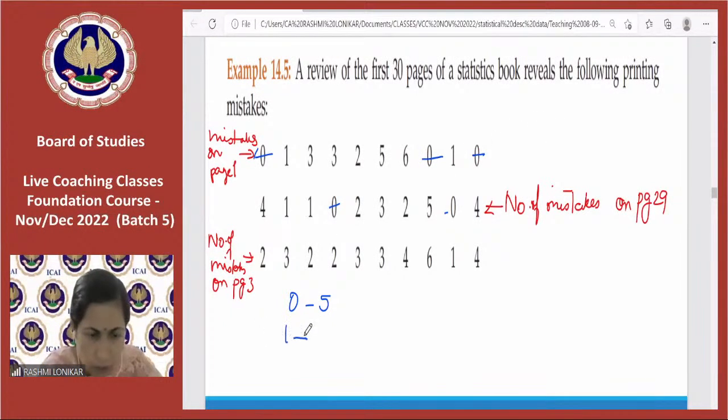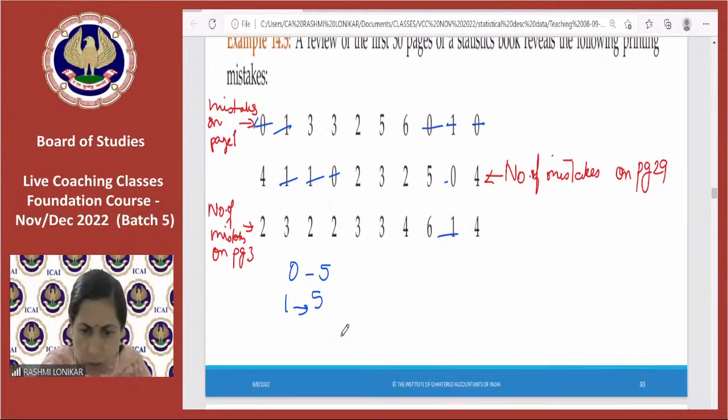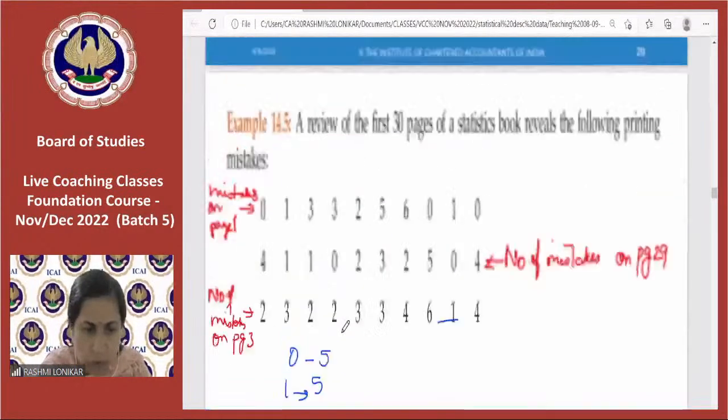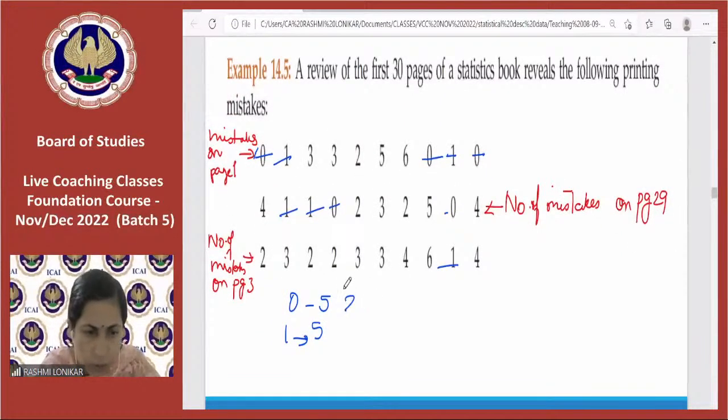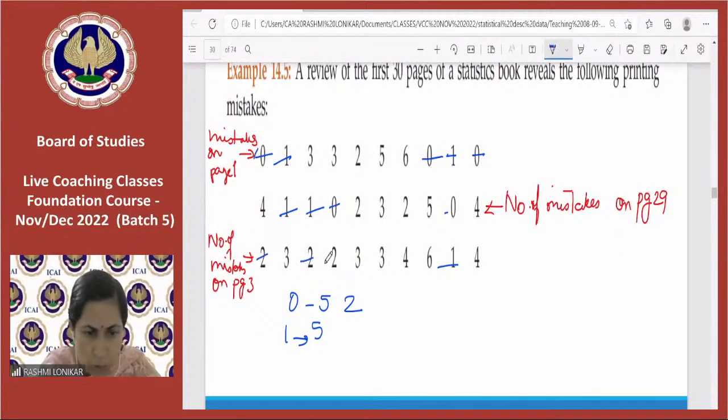Let me see 1. How many pages are there? 1, 2, 3, 4, and 5. There are 5 pages. How many did I use? 5. Okay. Then let us see 2. 1, 2, 3, 4, 5, 6. There are 6 pages.